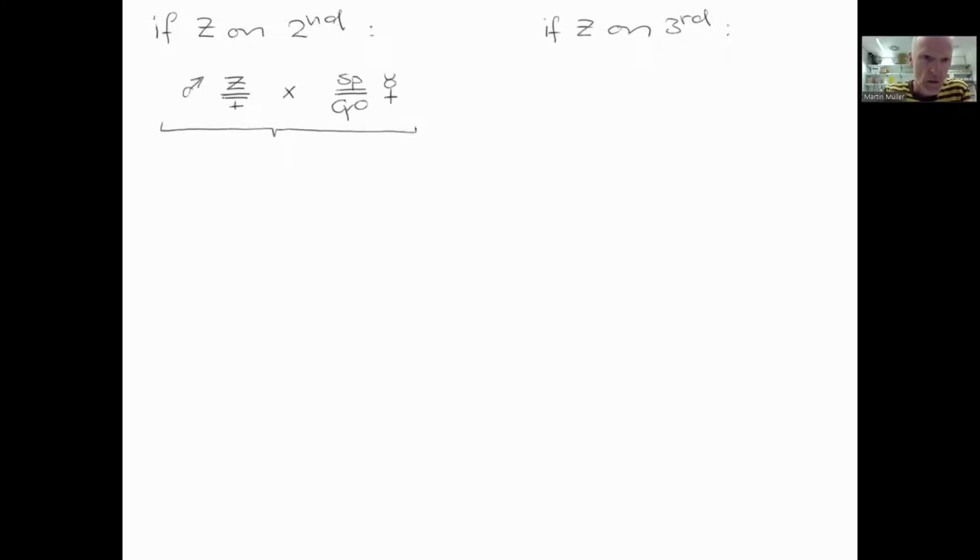So we do that. Z is on the second, so curly is the balancer for the second, so we have to look at only the second chromosome. We can't forget about the X chromosome, we can't forget about the third chromosome, we can't forget about the fourth chromosome.